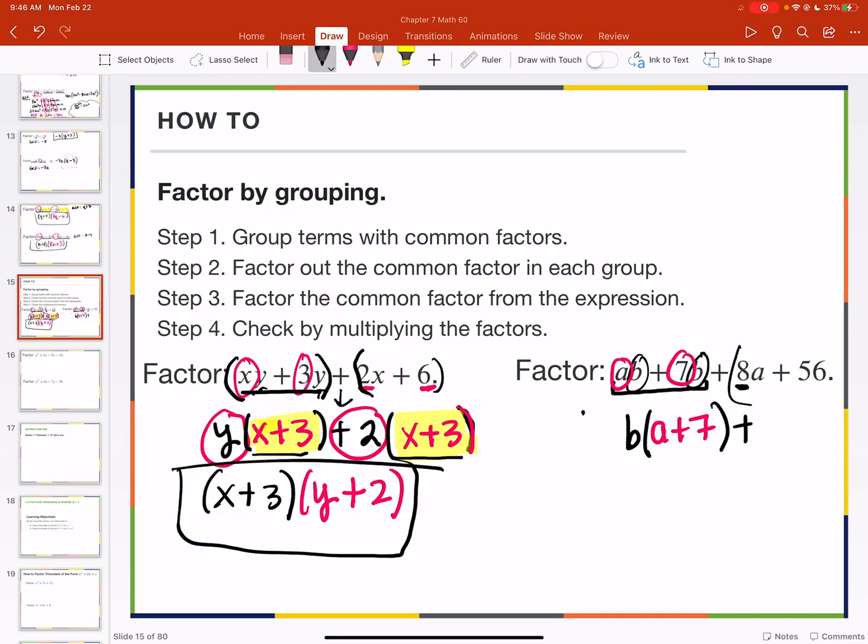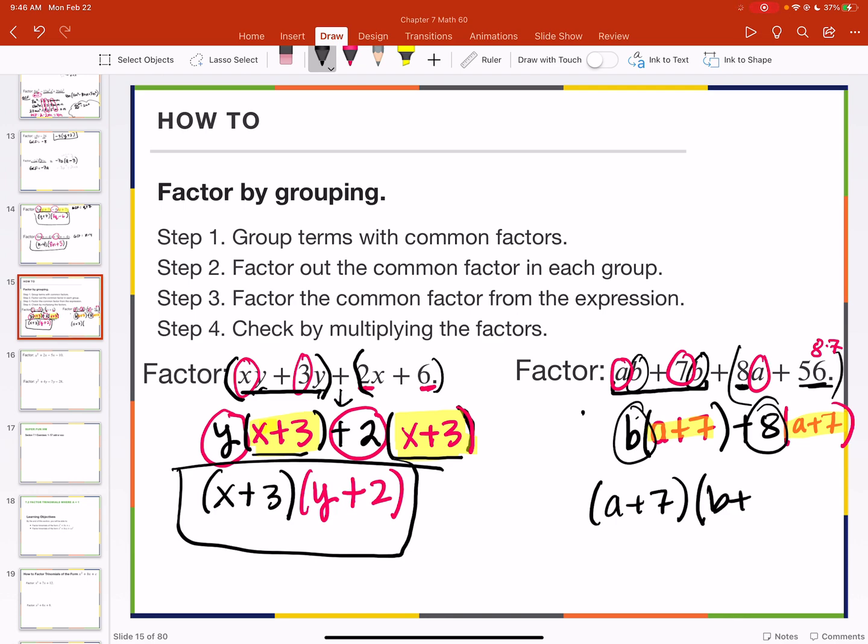Because I'm grouping these 2 together now, right? 8 divides into both. That's the GCF here. And then what's left over is an a plus, and then 56 is 8 times 7, so a plus 7 again. Okay, so now these 2 are in common. So I take out a plus 7, and I'm left with b plus 8.